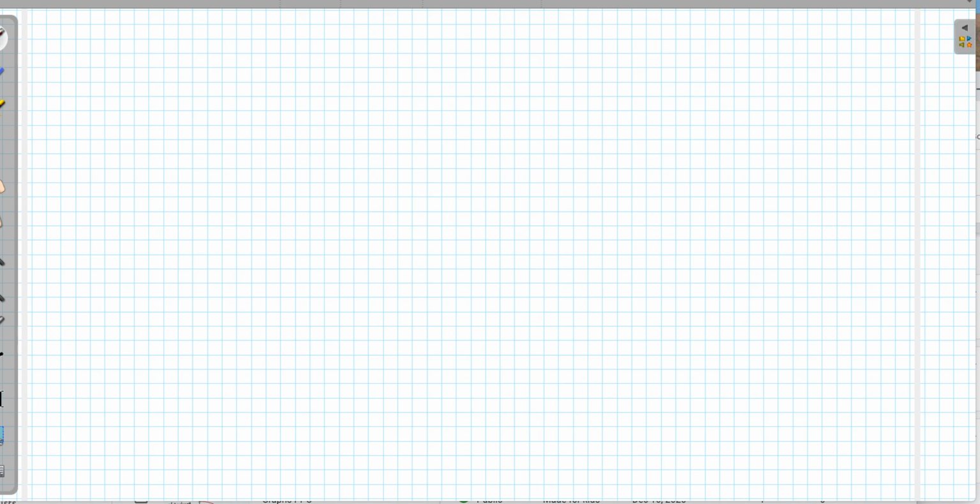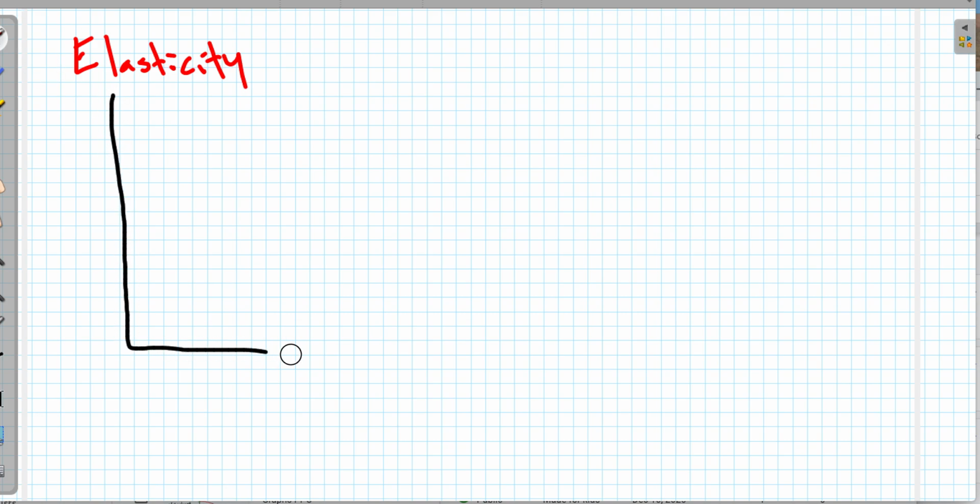All right. Next in our parade of graph things, let's talk about elasticity. So elasticity is this notion that we know that the demand curve looks like this.